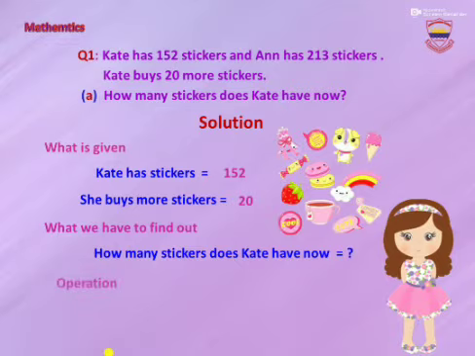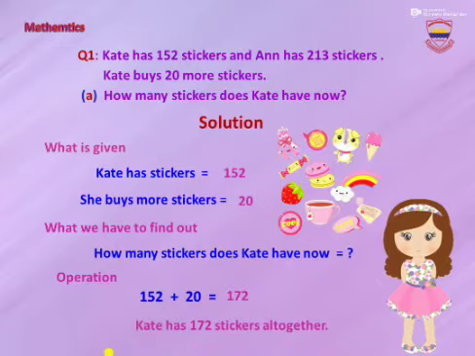Yes, we do addition. 152 plus 20 is equal to 172. We can say Kate has 172 stickers altogether.